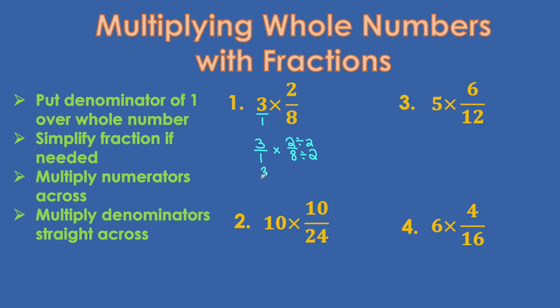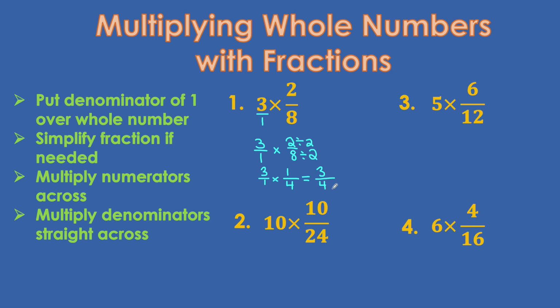And rewrite this again. 3 over 1 times, 2 divided by 2 is 1. 8 divided by 2 is 4. Now we just multiply the numerators across. 3 times 1 is 3. 1 times 4 is 4.